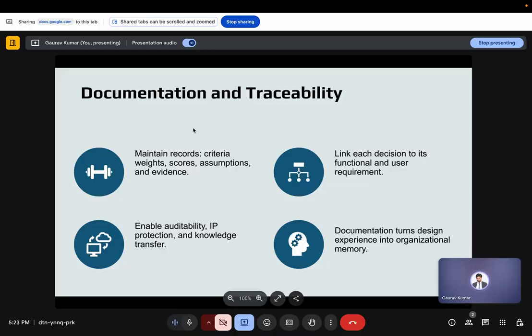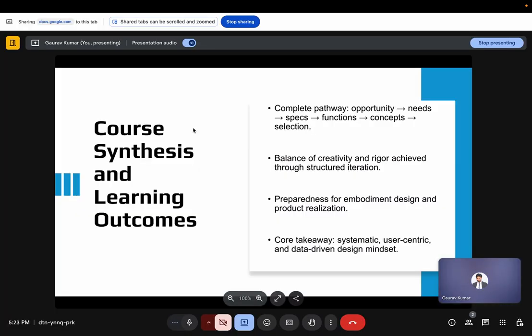Okay, now moving towards the next slide. This is the course synthesis and learning outcomes. The 12-week course journey from identifying opportunities to selecting the final concept demonstrates that design is both creative and systematic. Every stage builds logically on the previous one, forming a cohesive chain: opportunity, needs, specifications, functions, concept, evaluation, and embodiment readiness.